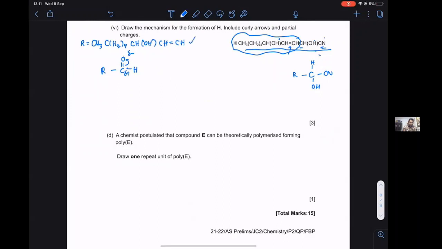No need to keep on writing everything. Once I put this, they are going to react with this HCN. So I just put HCN.